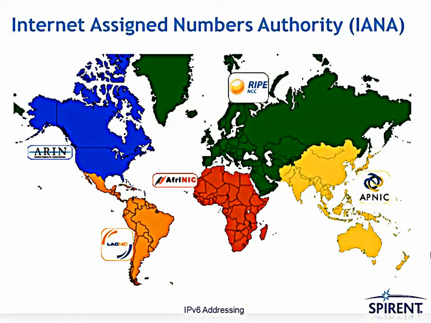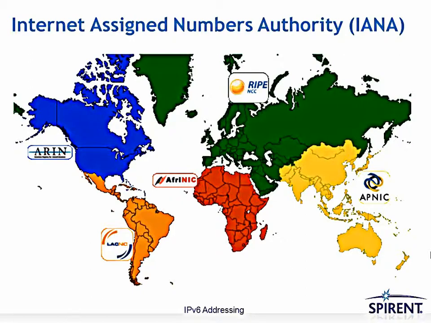The Internet Assigned Numbers Authority, or IANA, is responsible for the global coordination of the DNS root, IP addressing, and other Internet Protocol resources. Specifically, the IANA allocates and maintains unique codes and numbering systems that are used in the technical standards or protocols that drive the Internet.